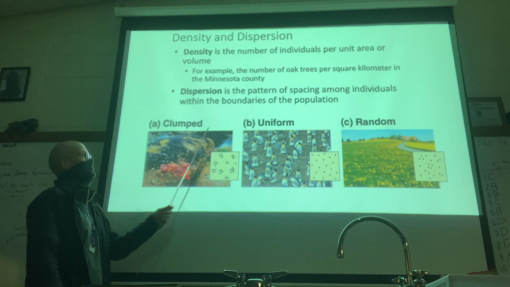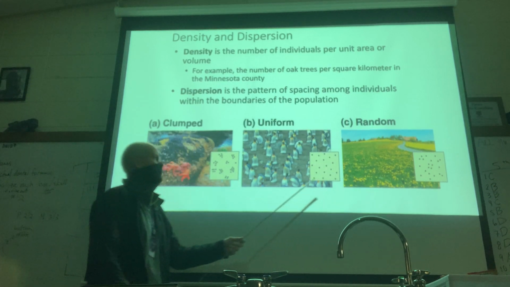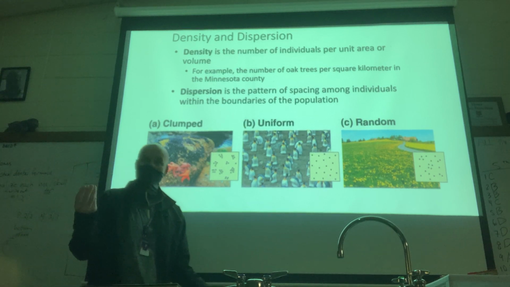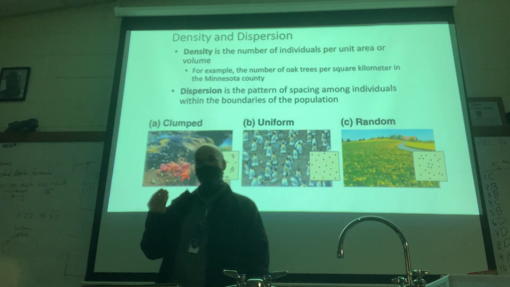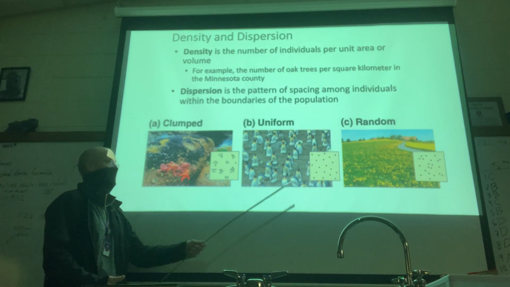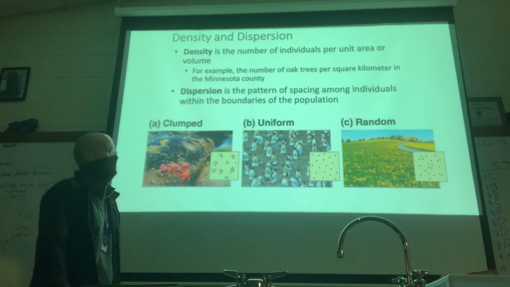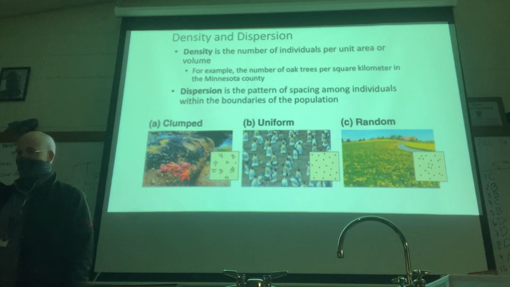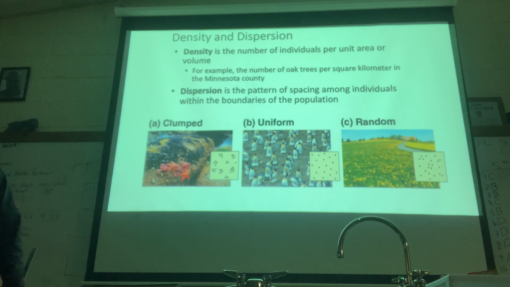And they have these clumped, uniform, and random examples of how different organisms associate with one another in closer or more distant ways as just part of their day-to-day spacing in their population. So I would probably, if these terms came up on the exam, be familiar with the difference.